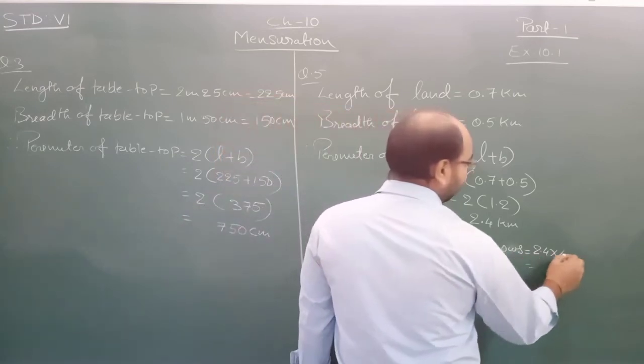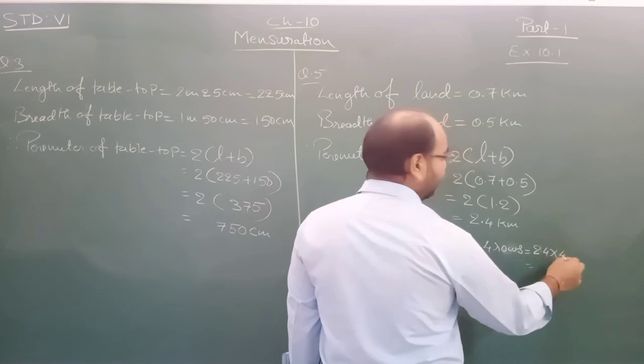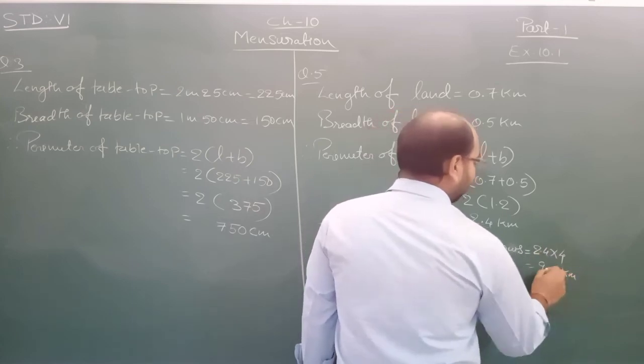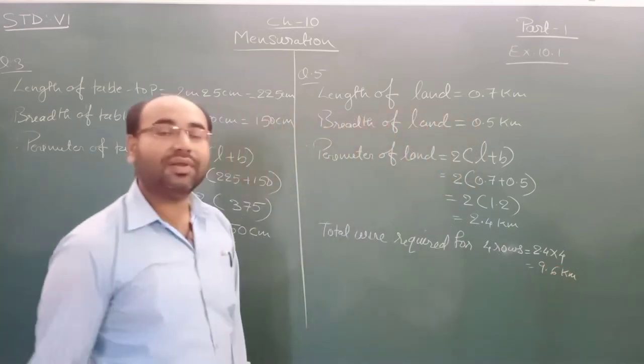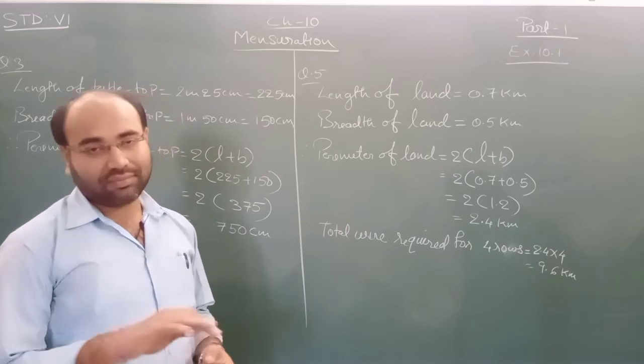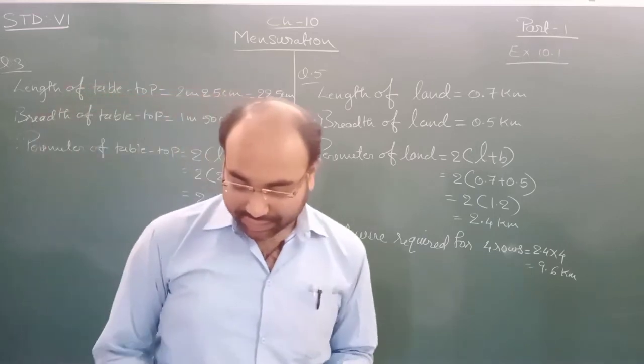So just multiply, 4 4s are 16, 1 4 2s are 8 plus 1, 9, so it will come as 9.6 kilometer wire will be required for 4 rows of that length.